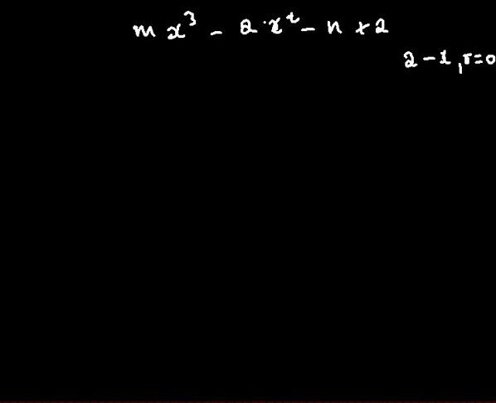When divided by 1 plus x, the remainder is given as 2. Find the value of m as well as n, and hence express this cubic function, not in terms of m as well as n. So how do you think we can have that?